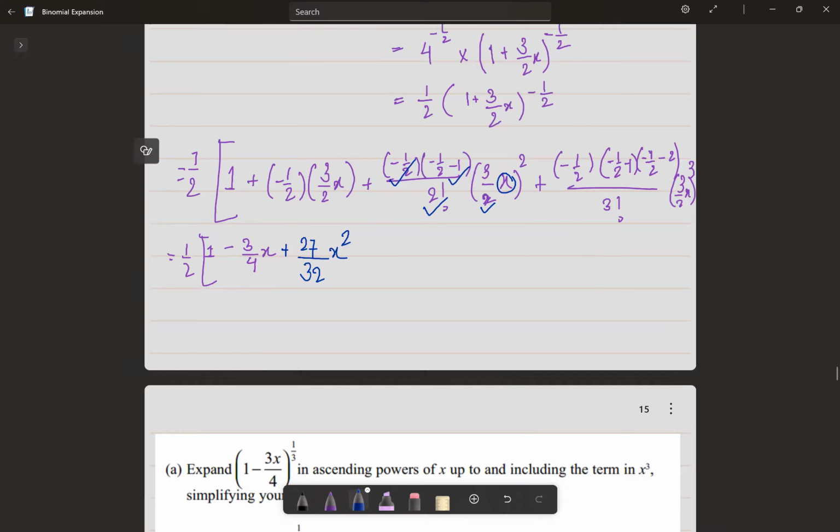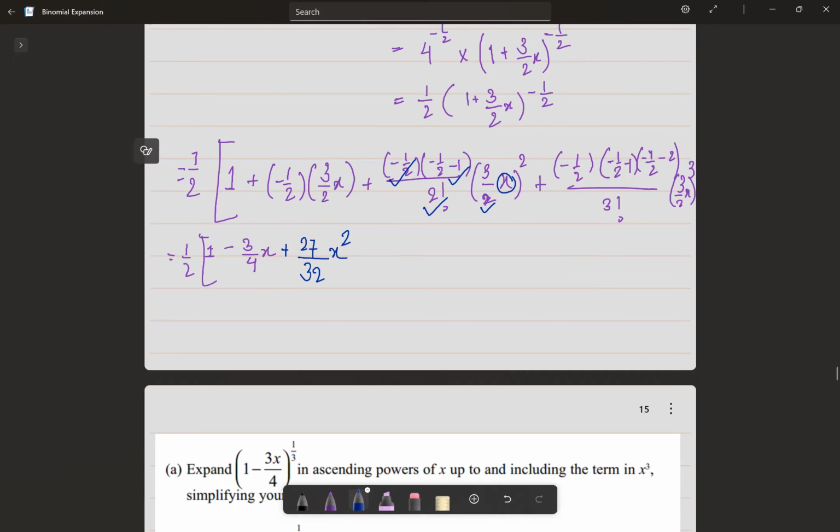what you do is you put minus half, minus half minus 1 is minus 3 by 2, and then you have minus 5 by 2, I guess.